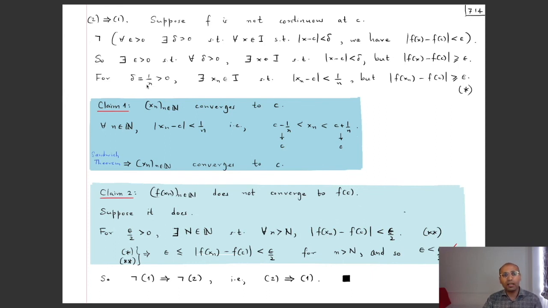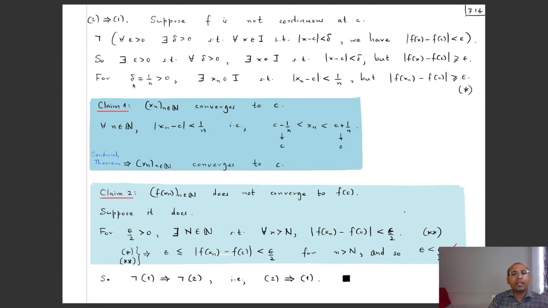So given this delta, which is 1 by n, I have a corresponding xn, such that mod xn minus c is less than 1 by n, and mod of f of xn minus f of c is bigger than or equal to epsilon. Okay, and let's call this star.